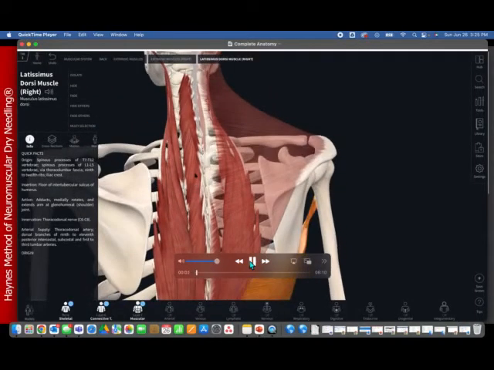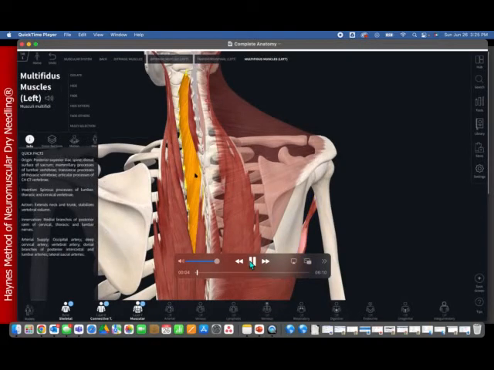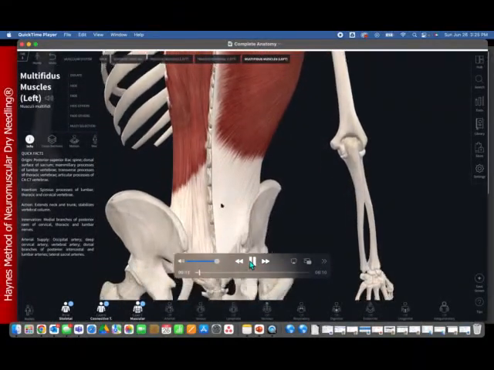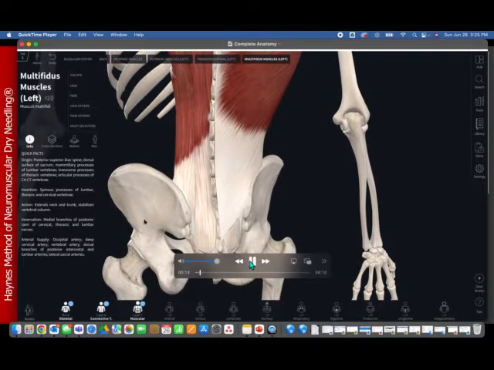Let's look at multifidus first. In multifidus, again, we've looked at this before, but the origin: the posterior superior iliac spine, the dorsal surface of the sacrum, and the longissimus is sitting on top of it, so you can't see that, but the dorsum of the sacrum, the mammillary processes in the lumbar spine, the transverse processes in the thoracic spine, and then the lateral articular processes of C4 through C7.